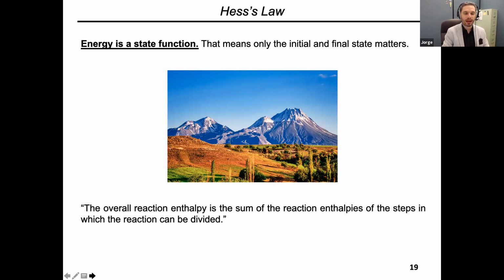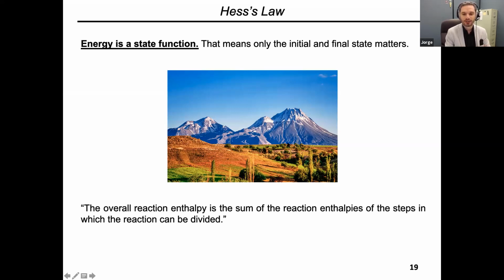Hess's law will take advantage that energy is a state function, which means it only matters where it starts and where it ends. What the reaction does in the middle to get from starting point to end point, it does not matter. So we can do an analogy here.